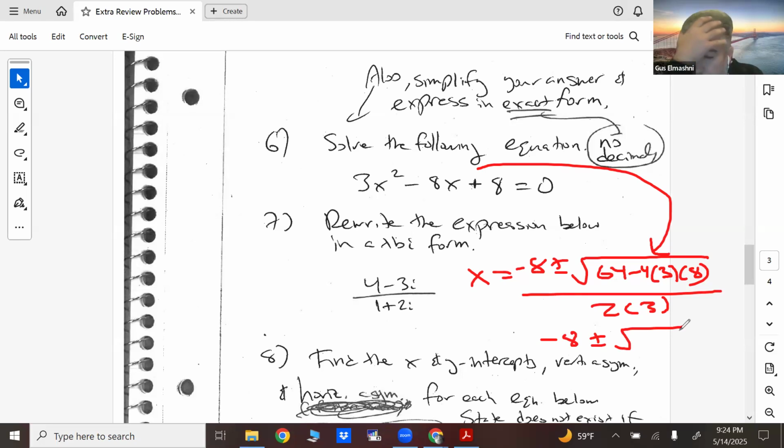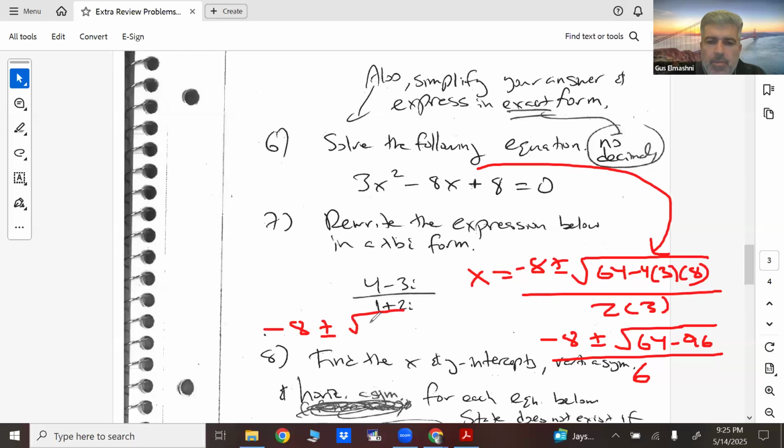And what's that going to be? 64 minus 96, so the root of negative 32. So it's 4i root 2.